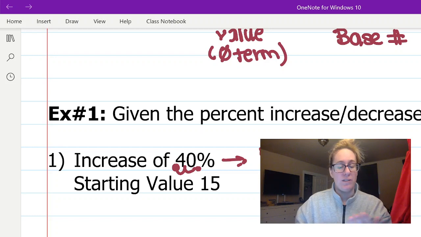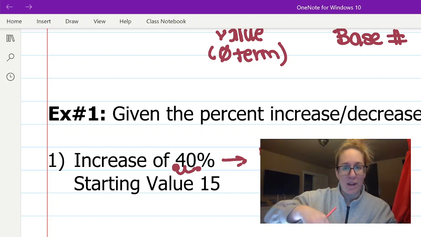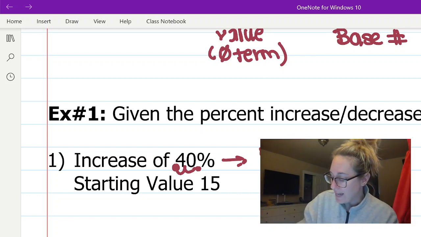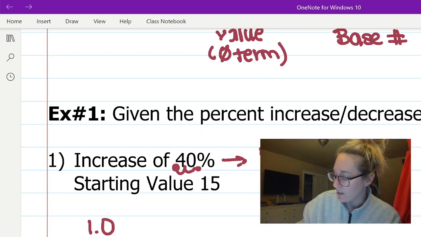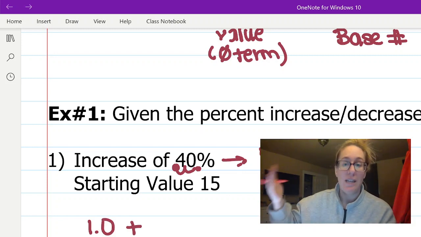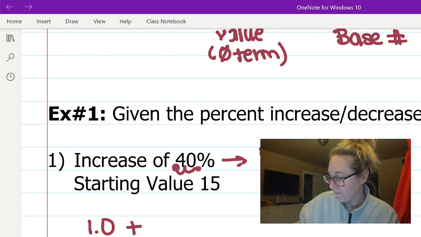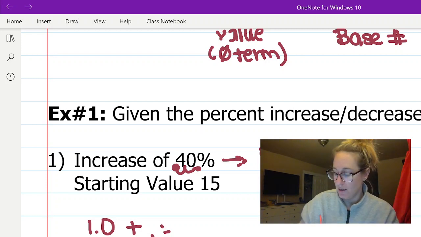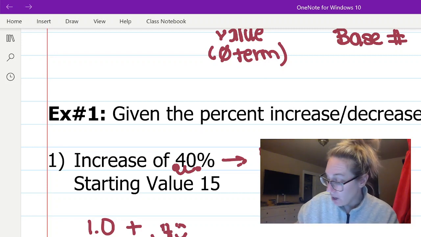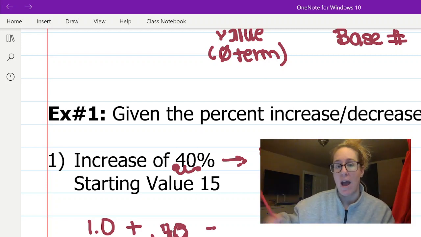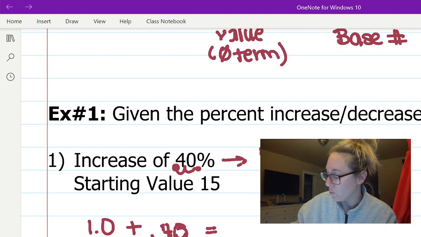Now, if we're starting at 100% and increasing by 40% each time, we take 100%, which as a normal number is 1.0, and we add, because we are increasing, the 0.4. That is 0.40. So our common ratio, our base number, is going to be 1.40, or just 1.4.